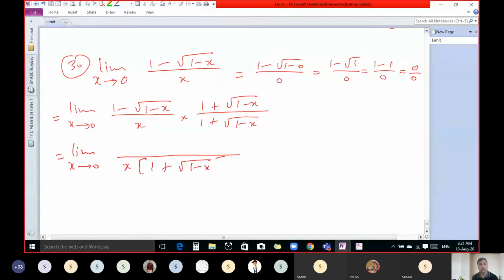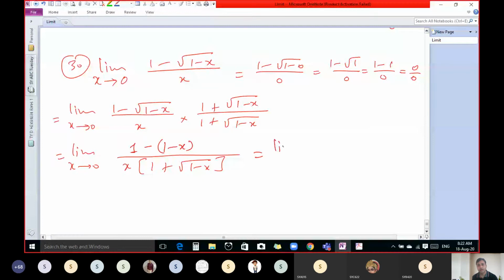Now in numerator it looks like a minus b, a plus b. So answer is a square minus b square. So 1 square is 1, minus square of this is 1 minus x, but put in a bracket because of this negative sign.